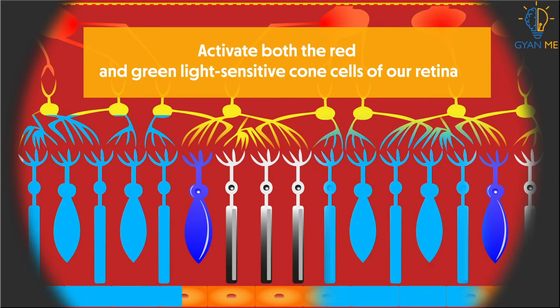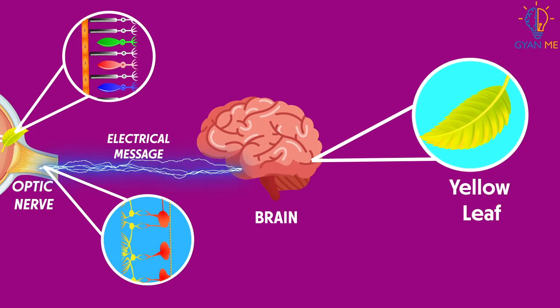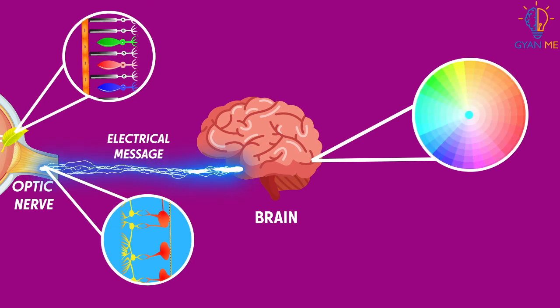Obviously, both these lights are reflected from these objects as well. And these two cells simultaneously deliver electrical messages to the brain so that things look yellow to us. Similarly, all other colors are perceived by us. I hope now you know how we can recognize different colors in the picture we saw in the previous video.